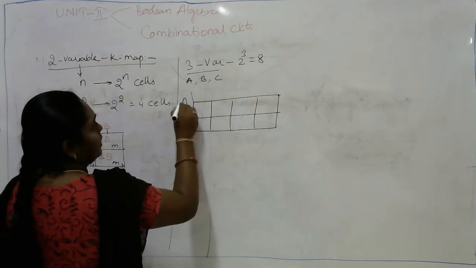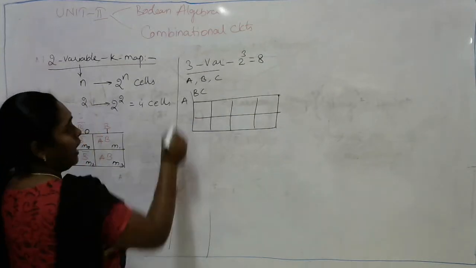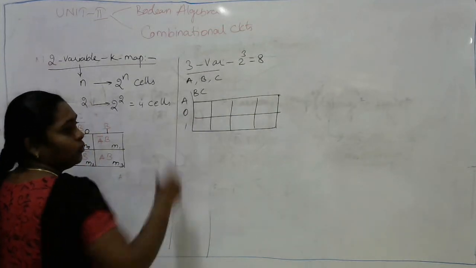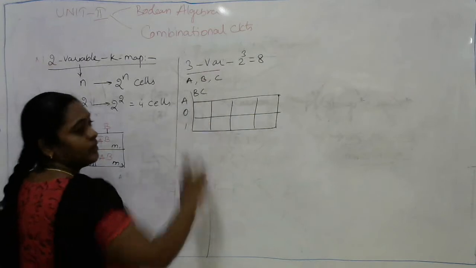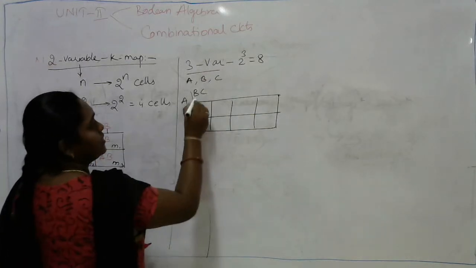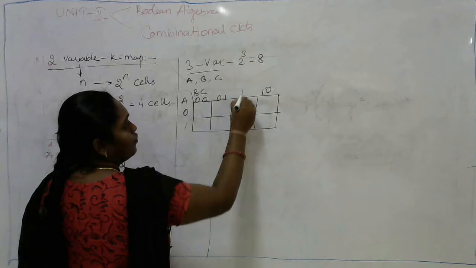This corresponds to A and this is related to BC. Under the A variable we get only two combinations, 0 and 1. Under BC we get four combinations: 0 0, 0 1, 1 1, 1 0.